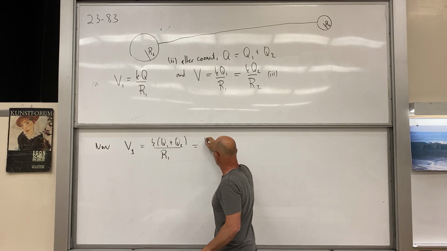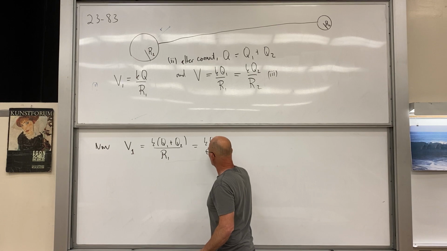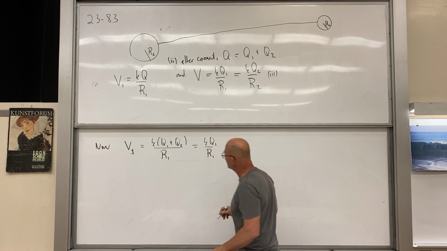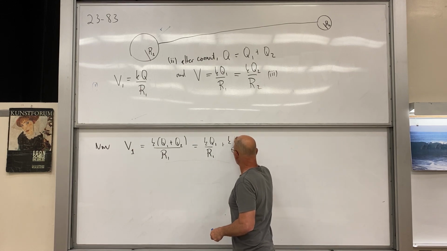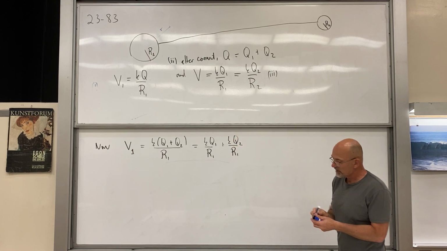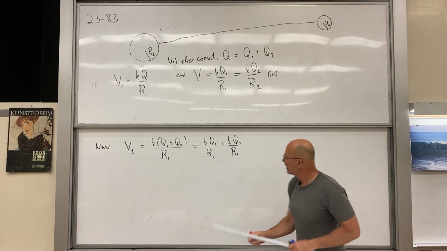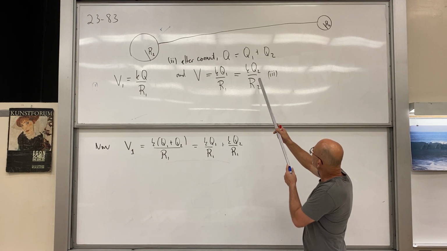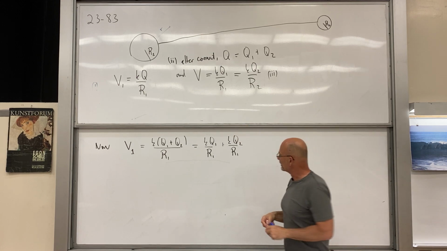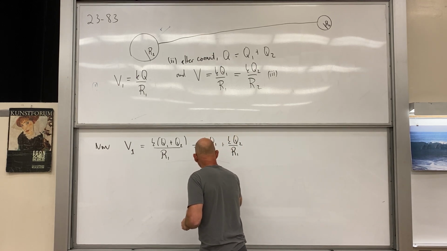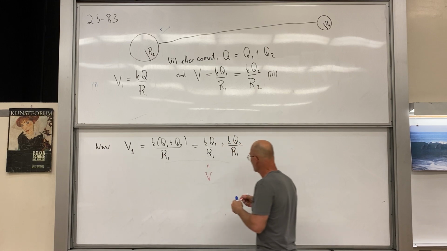So we have K Q1 over R1 plus K Q2 over R1. Now this we already know. KQ1 over R1 is the new V. Okay, I'll just put that there. This is equal to V, the new one.